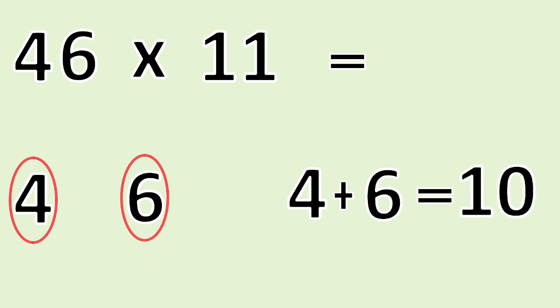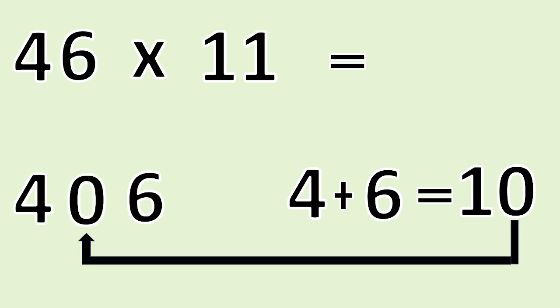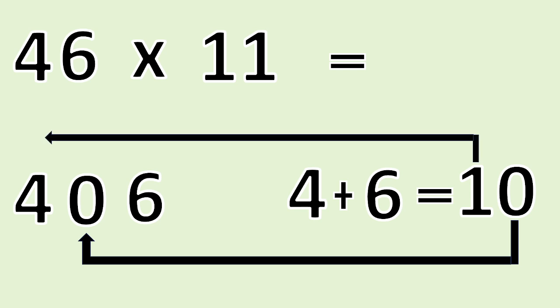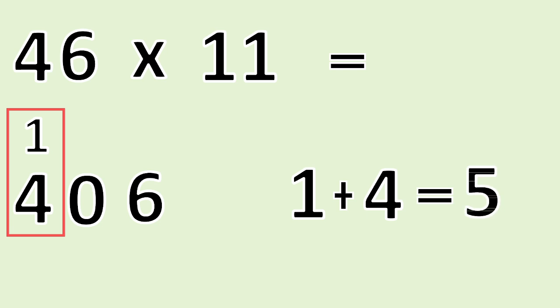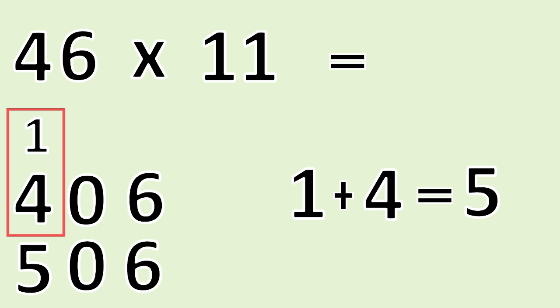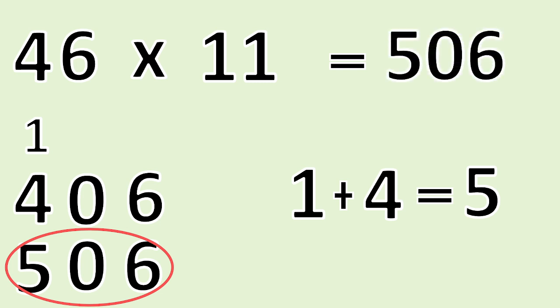Since 10 is greater than 9, place the 0 in between the 4 and the 6, and carry over the 1 to the top of 4. Now, add the carried over 1 to the 4. So 1 plus 4 equals 5. Bring down 0 and 6. So the answer is 506. 46 times 11 equals 506.